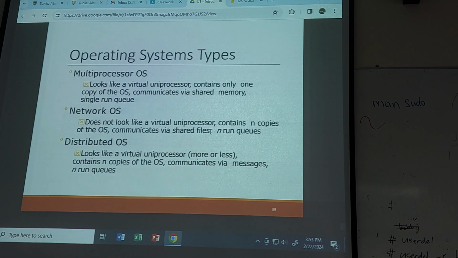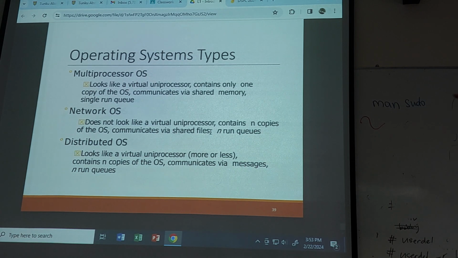The network OS does not look like a virtual uniprocessor. It contains multiple copies of the OS, and they communicate using shared queues. So it's exposed, meaning that it's not transparent. The distributed OS looks like a virtual uniprocessor, more or less like the first, the multiprocessor OS. But it contains a number of copies of the OS, which communicate among themselves using messages.